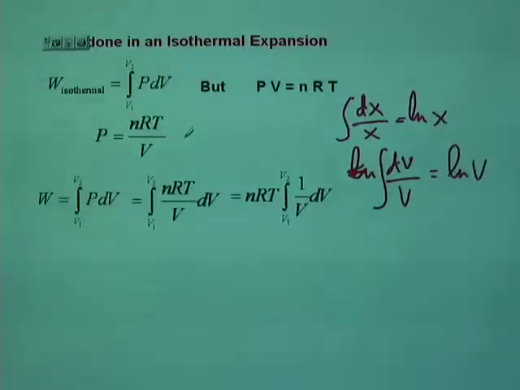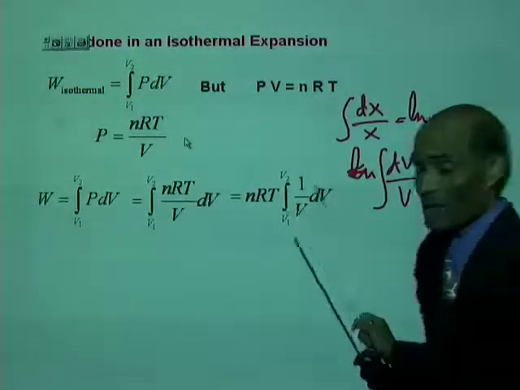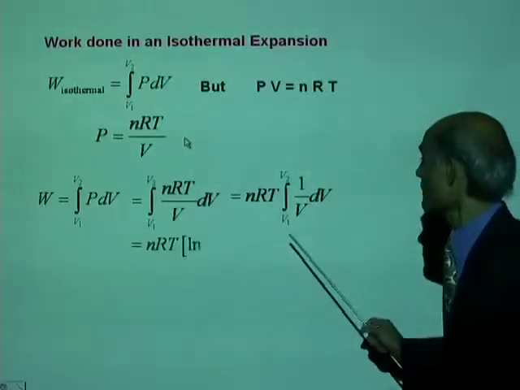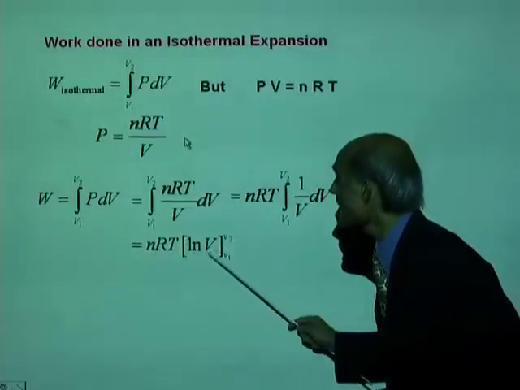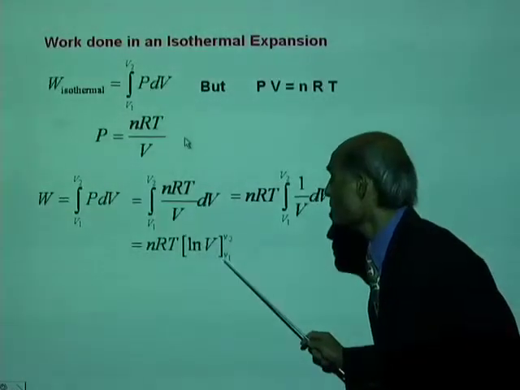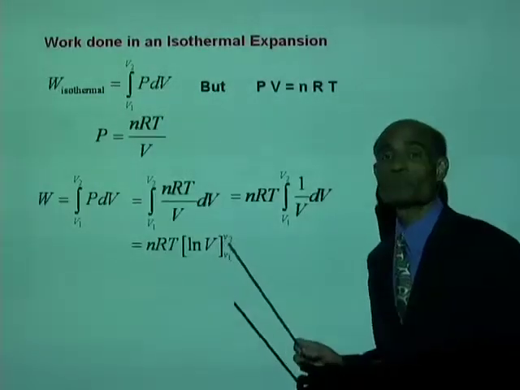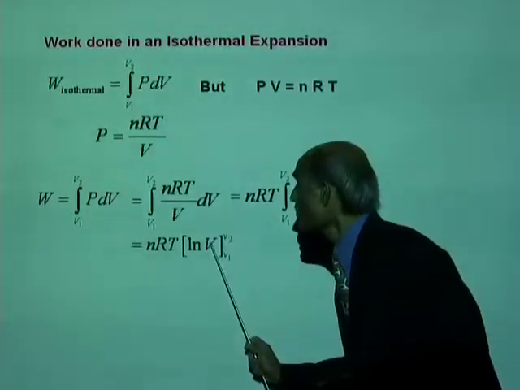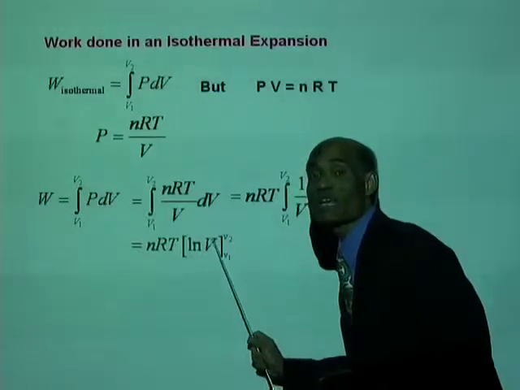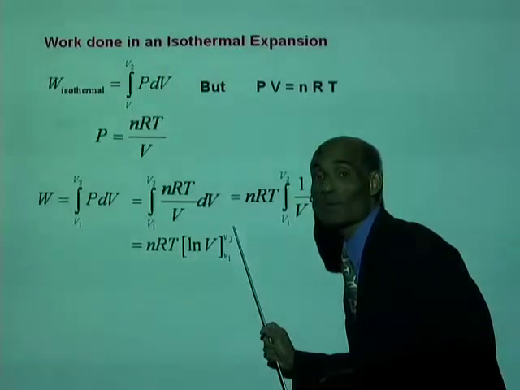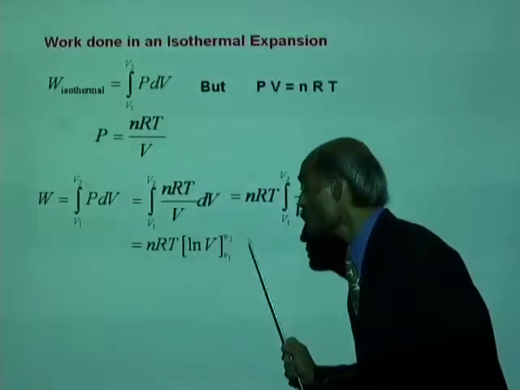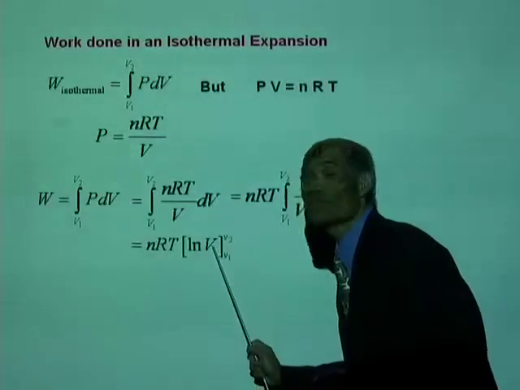So this integral is ln of v. That is nRT ln of v. Lower limit is v1. The upper limit is v2. What do we now do? Set v equal to v2, the upper limit, and then minus set v equal to v1.